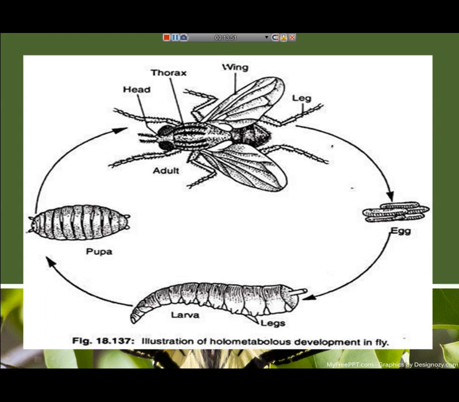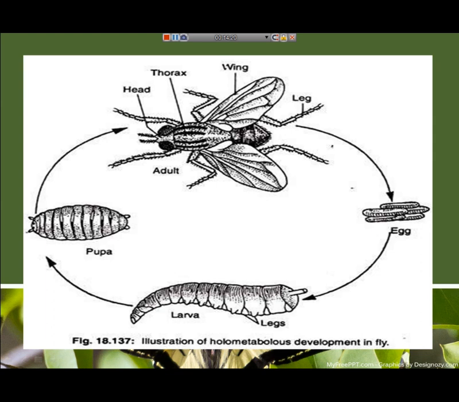Larvae molt several times and get a little larger with each molt. After a larva completes its growth, it stops eating. It then becomes a pupa. The pupa usually does not eat or move around much, but a lot of internal changes take place. When the pupa has made all its internal changes, its skin splits and the fully formed adult emerges.